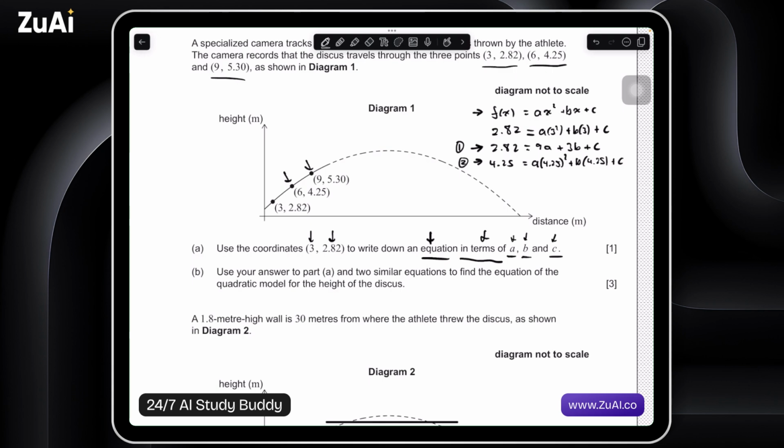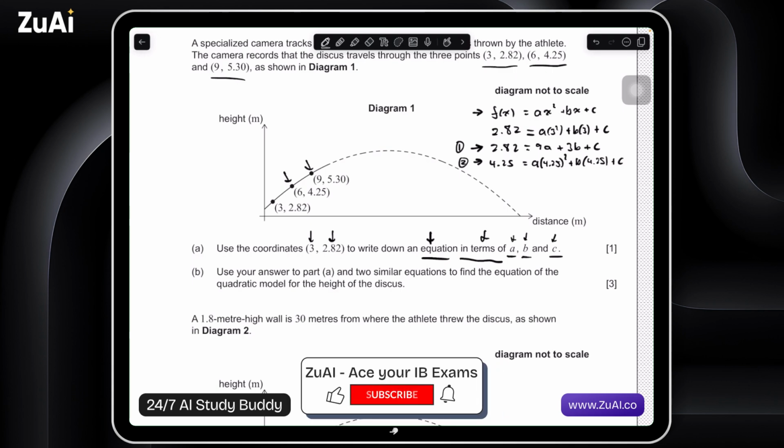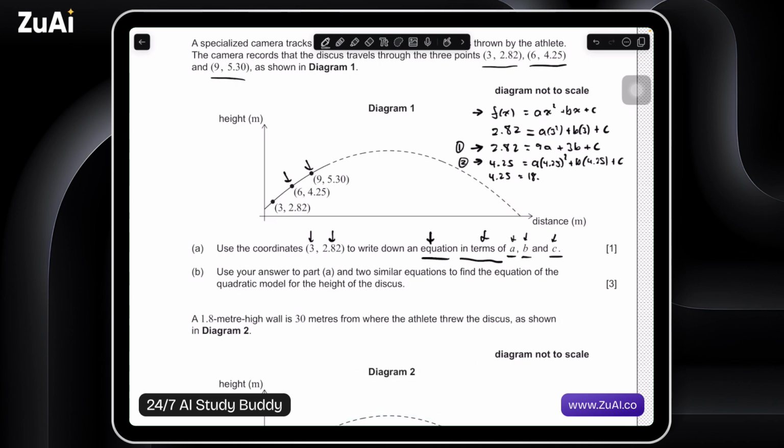Let's square that. 4.25 squared is 18.0625. Decimals, we might want to preserve all of our decimals in this case, but let's write it out as 3 sig figs.